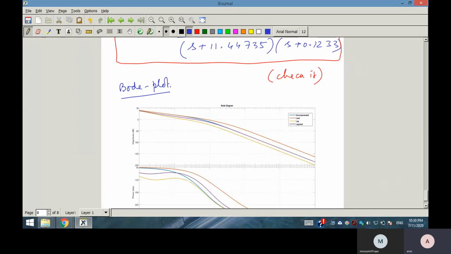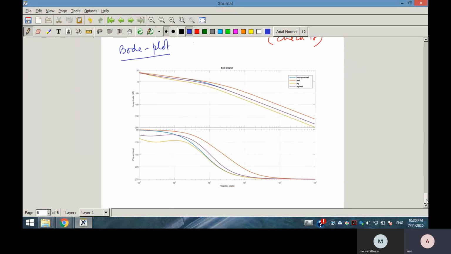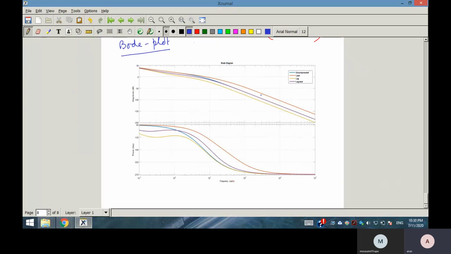The Bode plot that we have got, from the Bode plot you can see that this is the uncompensated system, and this is your lead controller, this is your lag controller, and in between is the lag-lead controller. You can see that the gain crossover frequency in case of a lead controller has increased compared to the uncompensated system, and the lag controller has gain crossover frequency reduced.